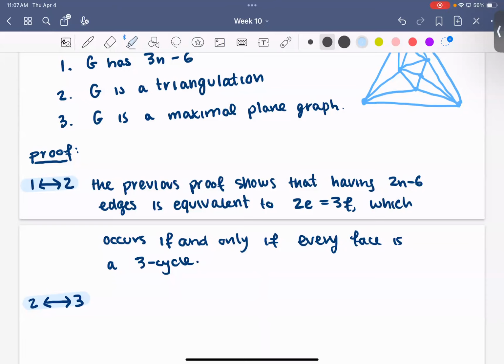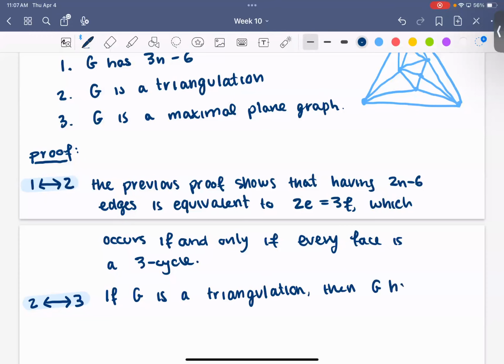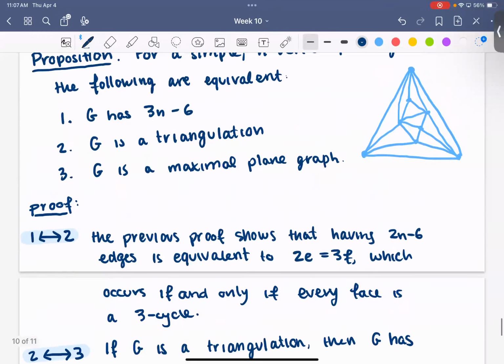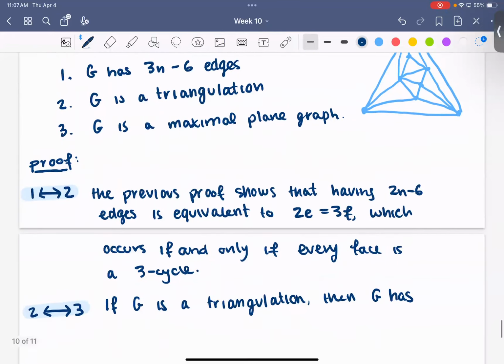Okay, then what about 3 implies 2? Okay, so let me just write that down quickly. If G is a triangulation, then G has that many edges.